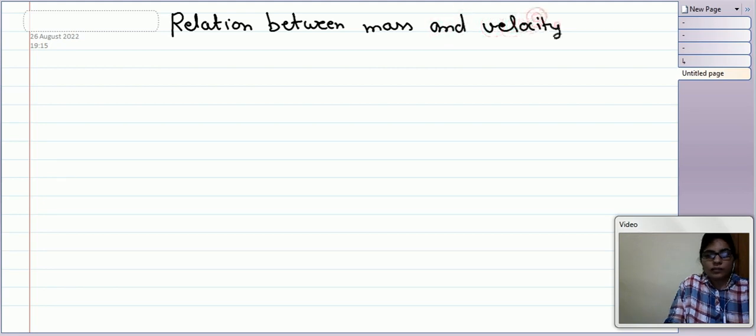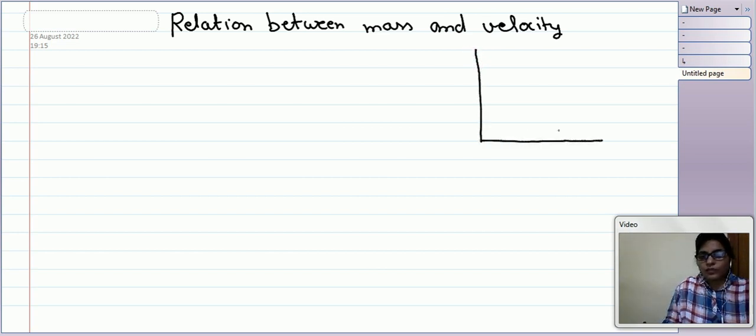Mass and velocity. For this again we will use the similar two frames of reference. One is S and another is S dash. This is the S frame, this is the S dash frame, and it is moving with velocity v.